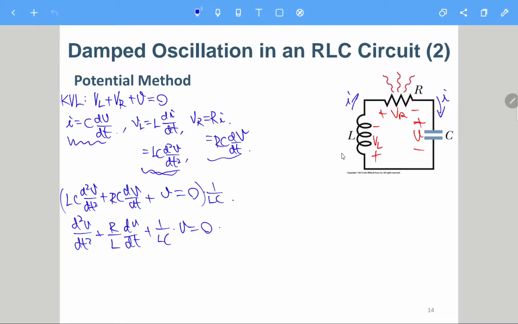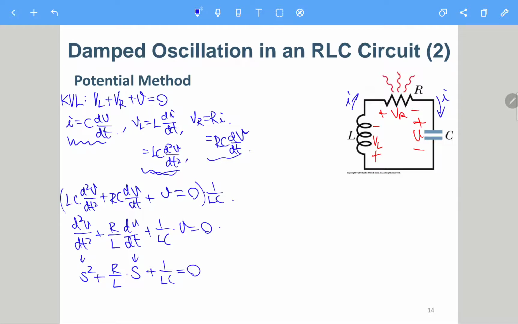Here, as we need to solve this ODE, we can write the characteristic equation, which is changing the second order to S squared plus R over L times S, changing the first derivative to S, and then 1 over LC, and then this one to be 1, so it will be like this.